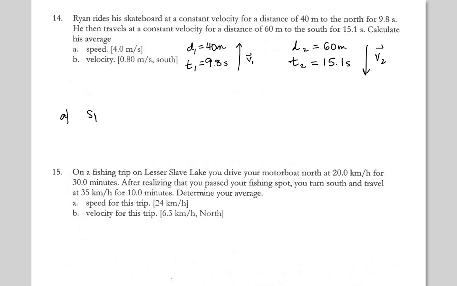Okay, so for speed, you would need V average. So we have distance divided by time for the total trip. So what is the distance traveled? 100 meters, 40 plus 60.